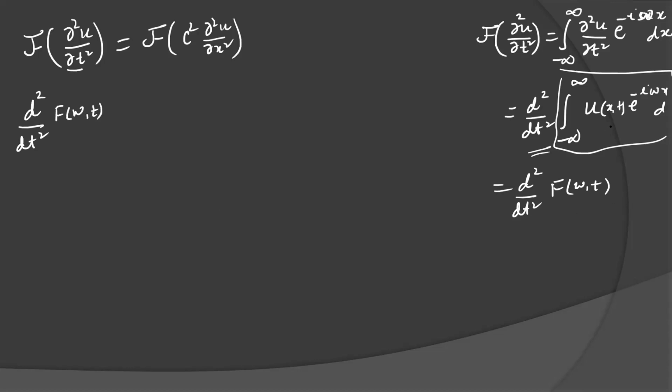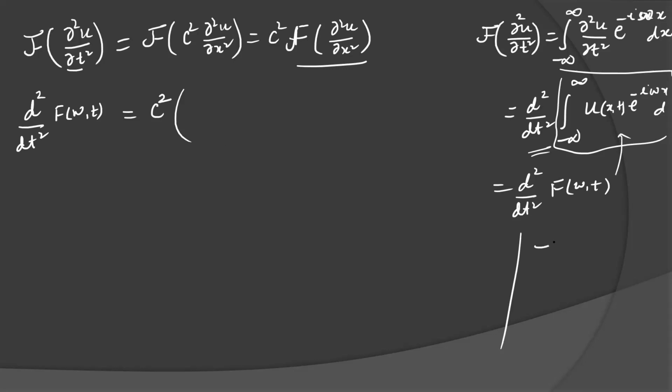F(omega,t) is the Fourier transformation of u(x,t), equal to c square times the Fourier transformation of del 2u by del x square. For del 2u by del x square, you can use the second derivative result. I told you the Fourier transformation of the nth derivative is (i omega) to the power n F(omega).